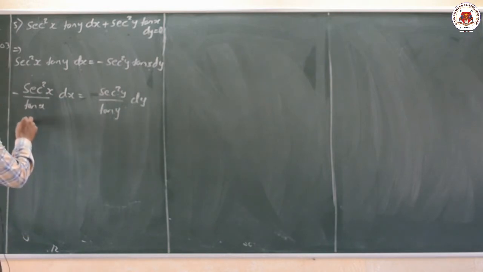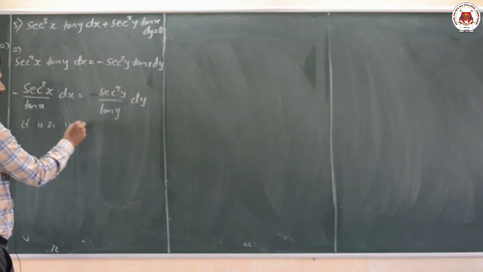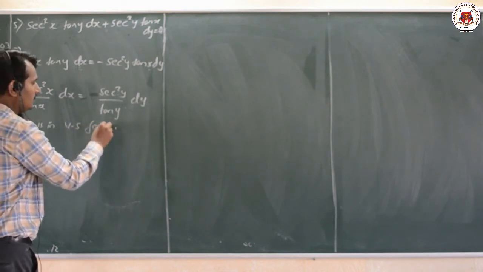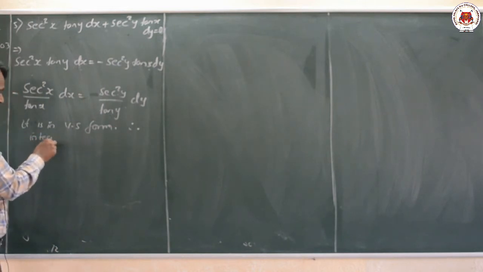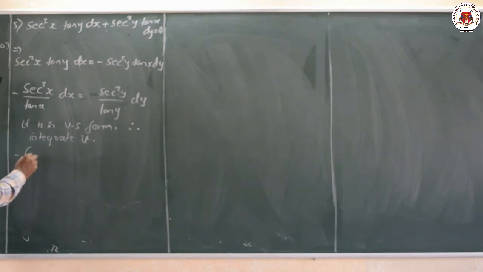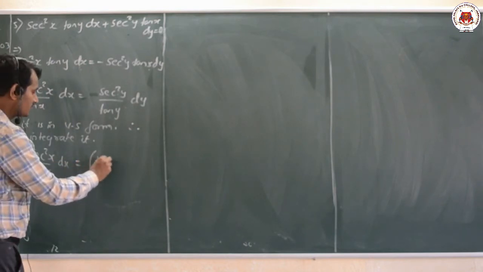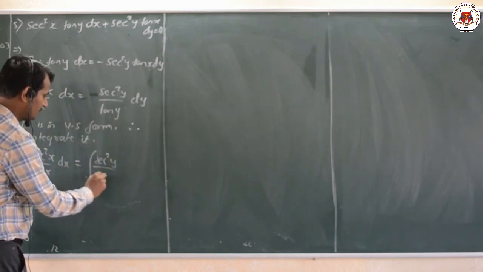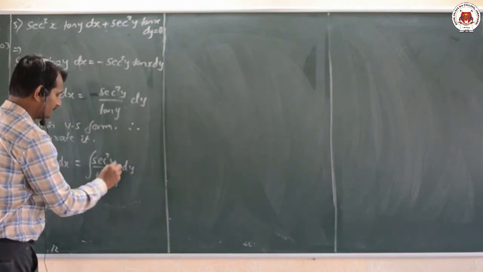That means it is in variable separable form, therefore integrate it. So what we get here is minus integration of secant square x divided by tan x dx equal to integration of secant square y divided by tan y dy.